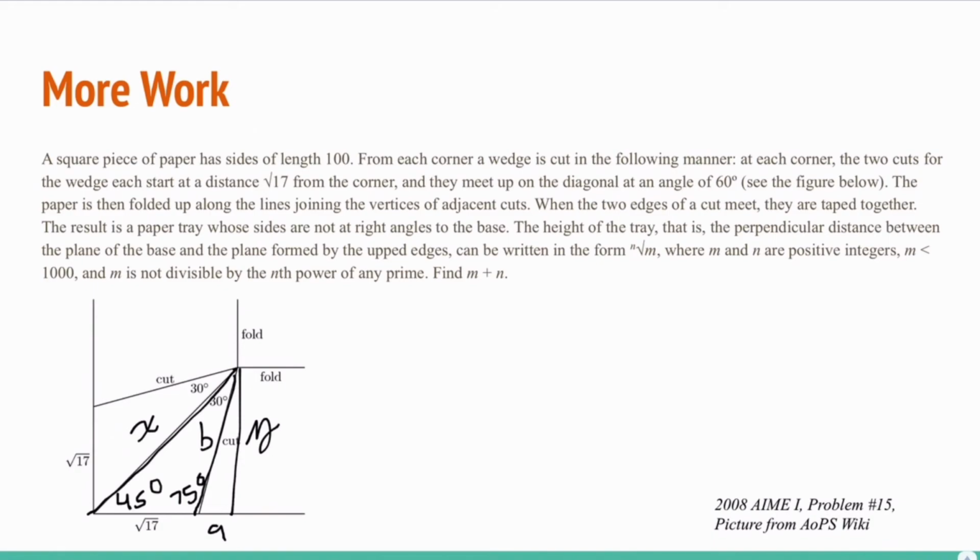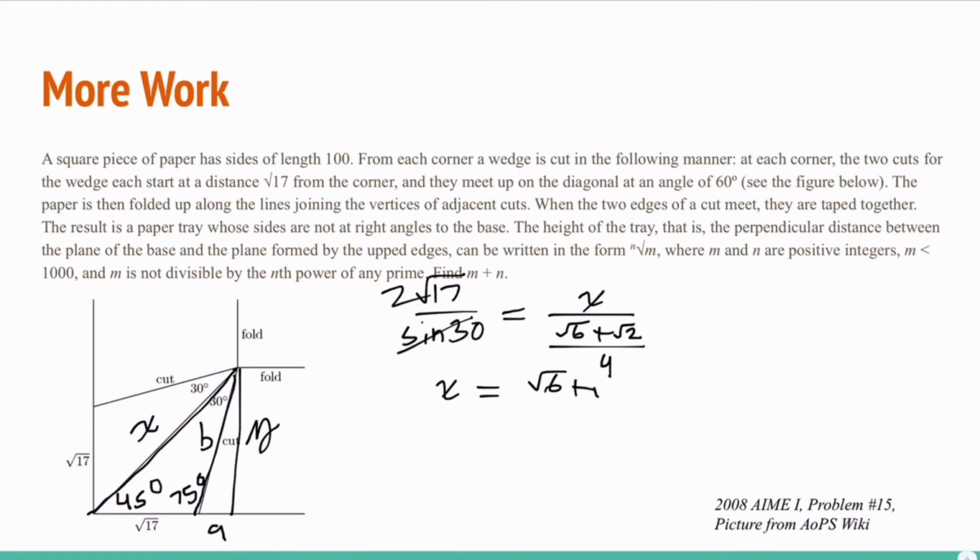Then, by the law of sines, we have that square root of 17 by sine 30 is equal to x by sine 75, which is root 6 plus root 2 over 4, which you can find by the trig angle addition formula. And sine 30 is just 1/2, so this becomes 2 root 17, where x is equal to root 6 plus root 2 over 2 times root 17.